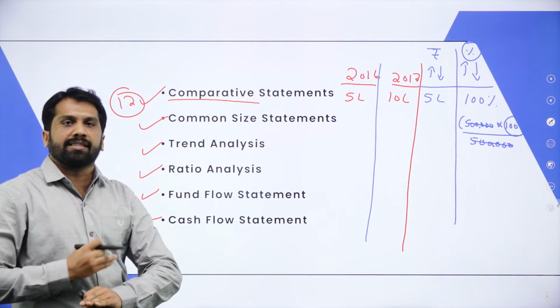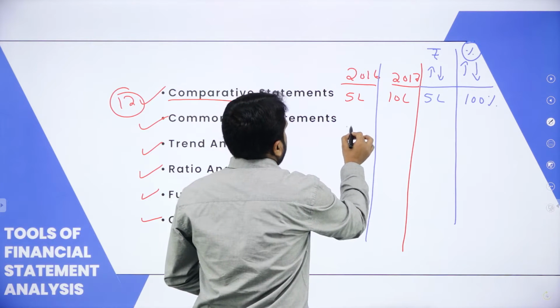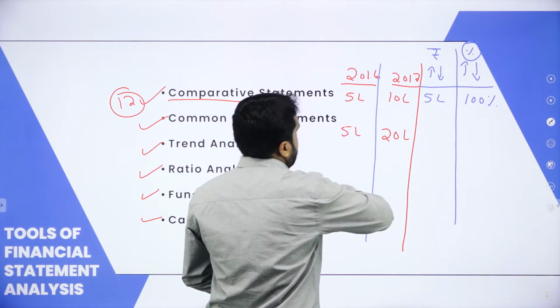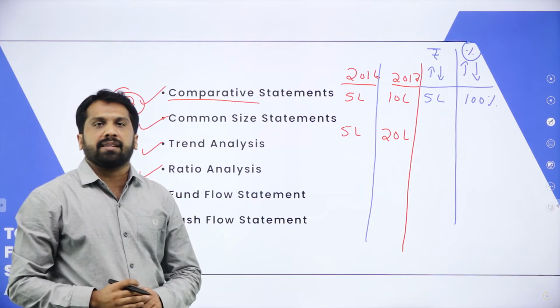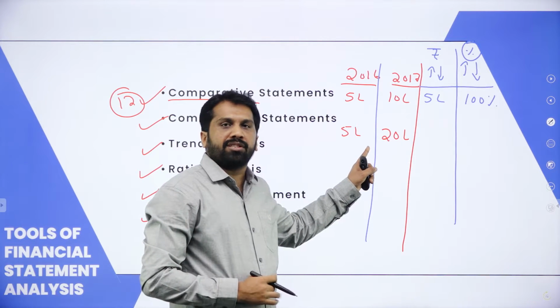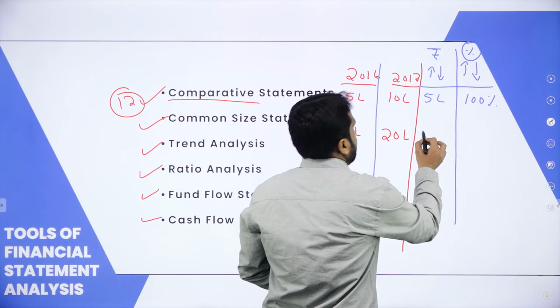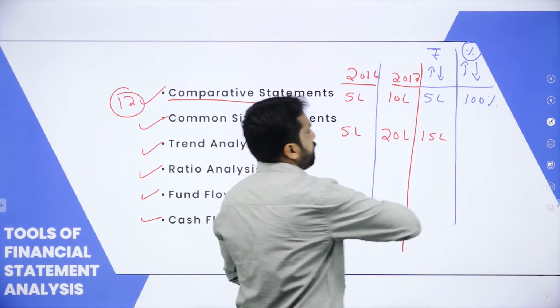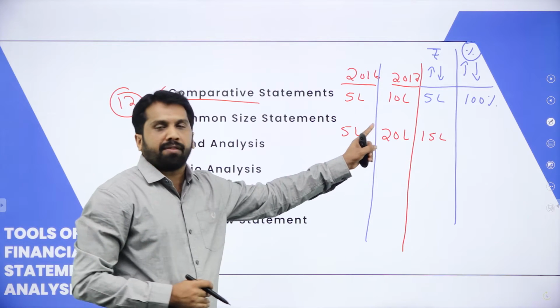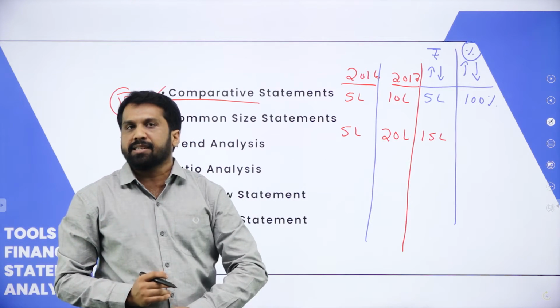I'll give you one more example. Last year it is 5 lakh. This year it is 20 lakh. How to calculate? 20 minus 5, how much? 15 lakh. Your answer is 15 lakh. After that, how to convert 15 lakh into percentage?